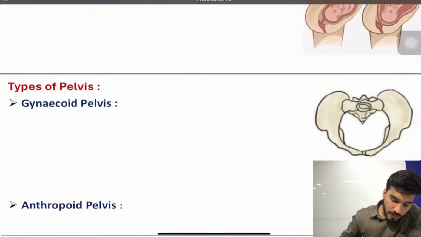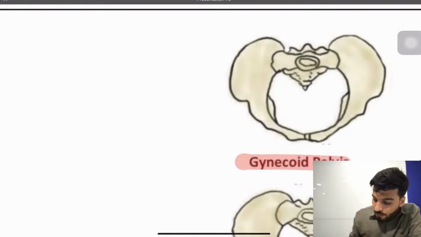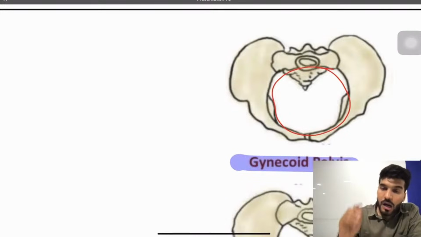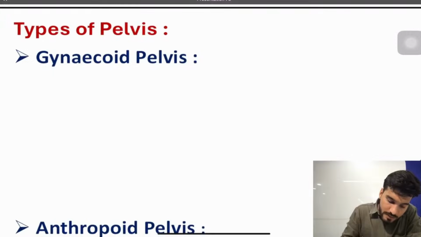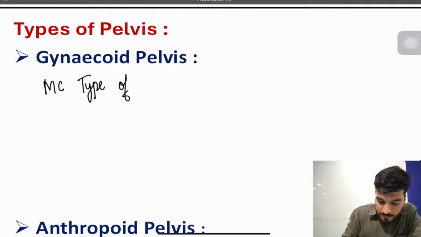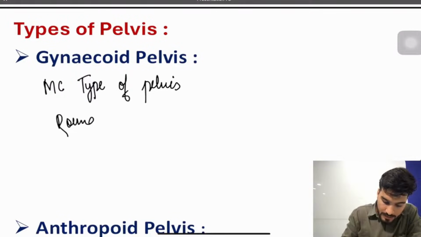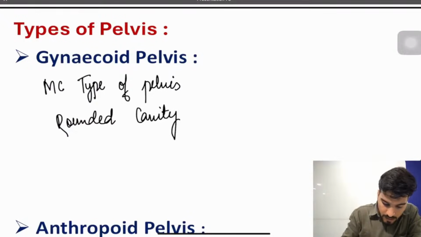Now, the first type of pelvis is going to be gynecoid pelvis. This gynecoid pelvis is the most common type, having a rounded cavity. Having which type of cavity? Rounded cavity. So the first thing about this type of pelvis, you will write, it's the most common type of pelvis. Second thing, it has a rounded cavity.